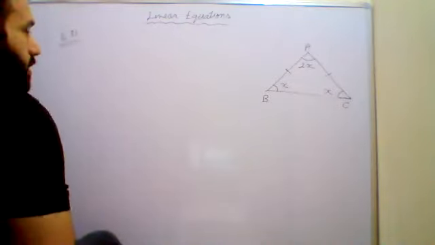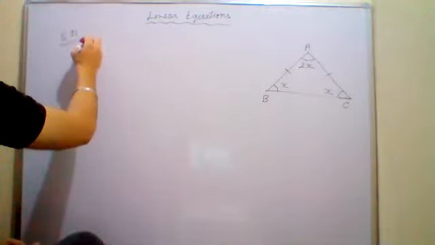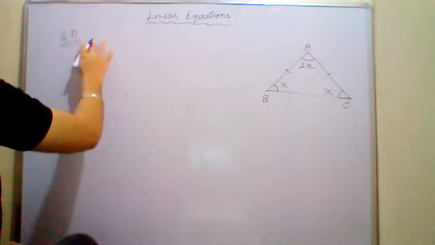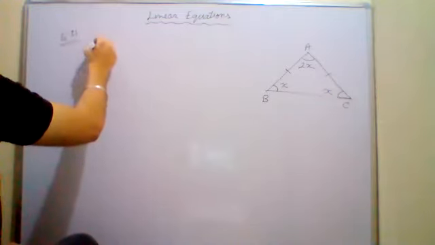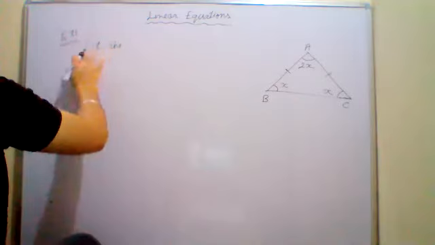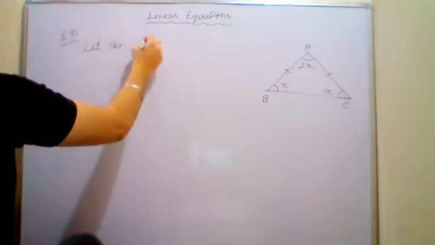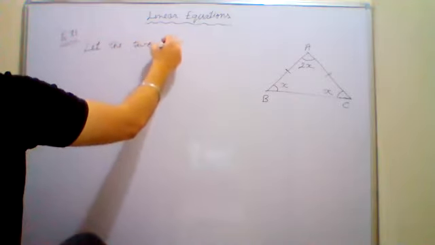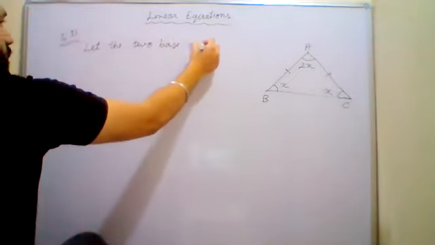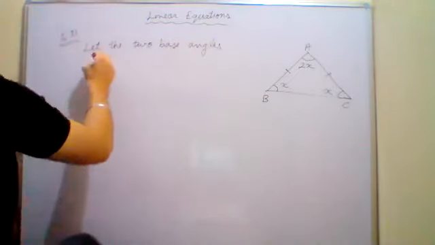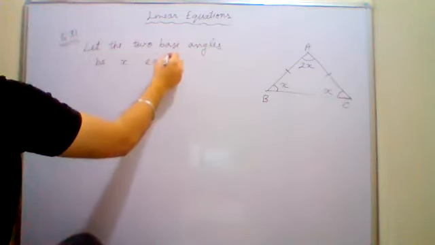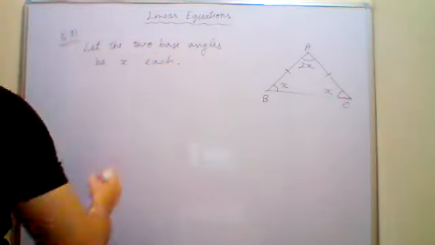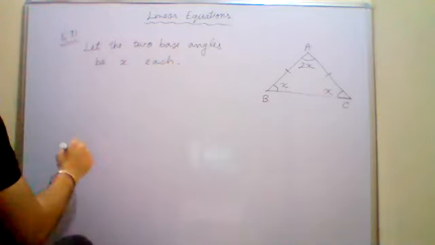So these are the three angles of the triangle: x, x and 2x. Note it down. Let the two base angles be x each.